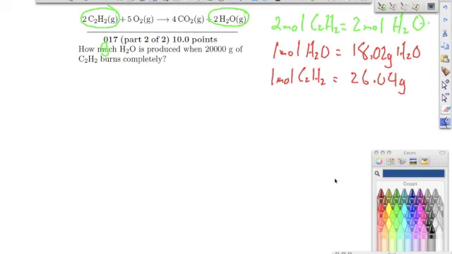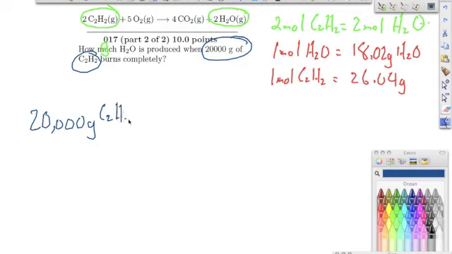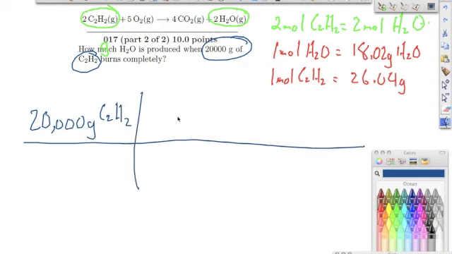Now remember, we always start with the number it gives us in the problem. So we start with 20,000 grams of C2H2. Now in looking at our conversion factors, the only thing that says grams of C2H2 is right here.